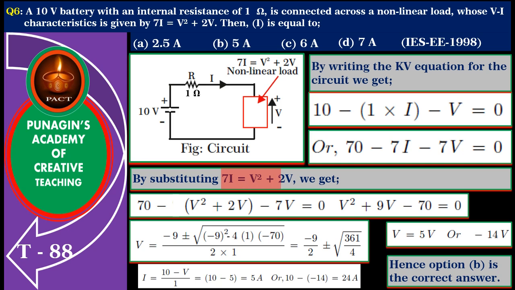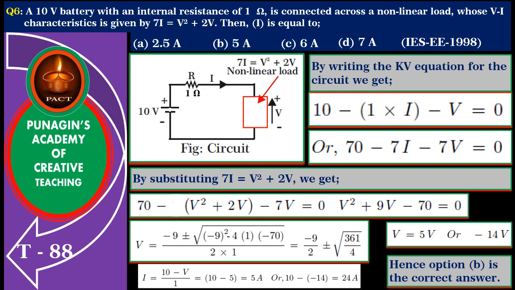By substituting 7I is equal to V squared plus 2V and simplifying it, we get V squared plus 9V minus 70 is equal to 0.